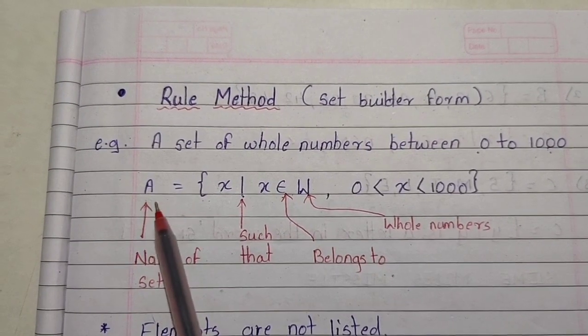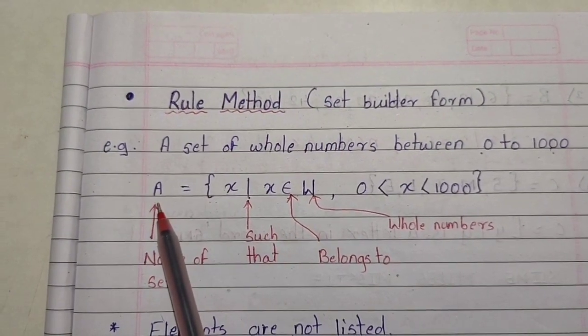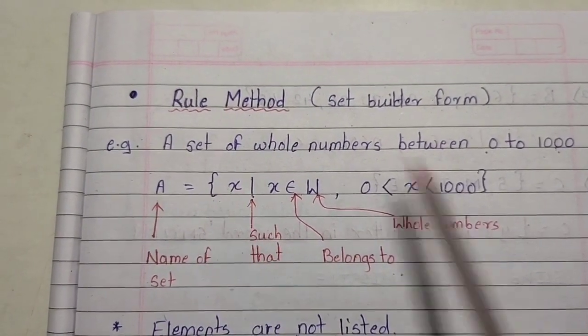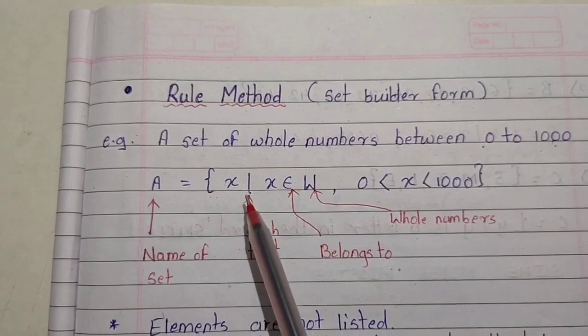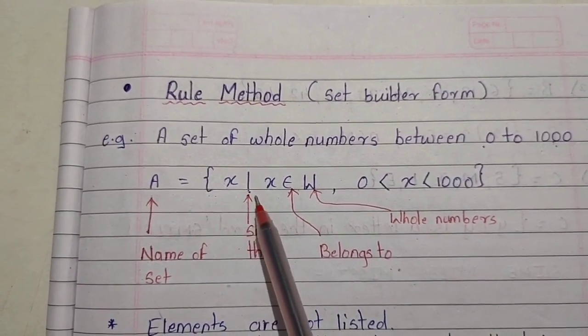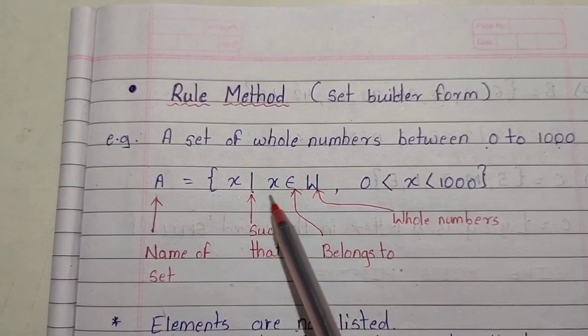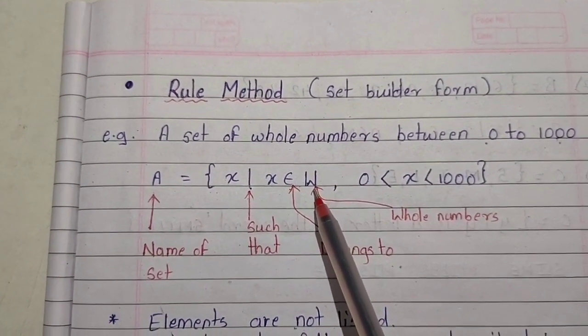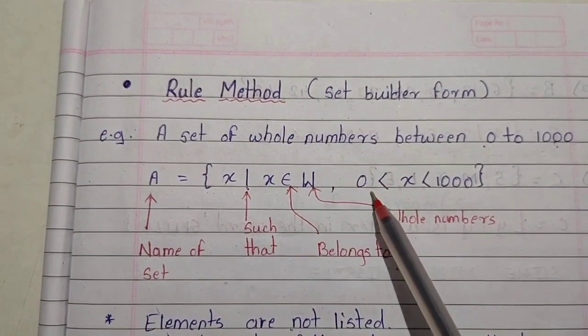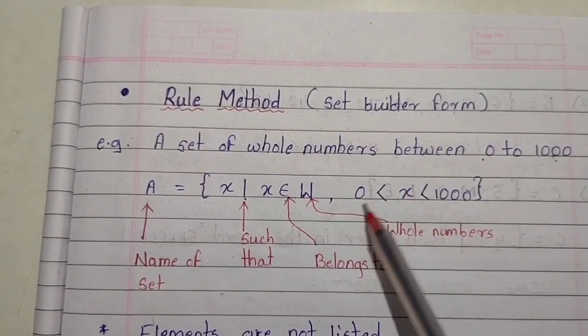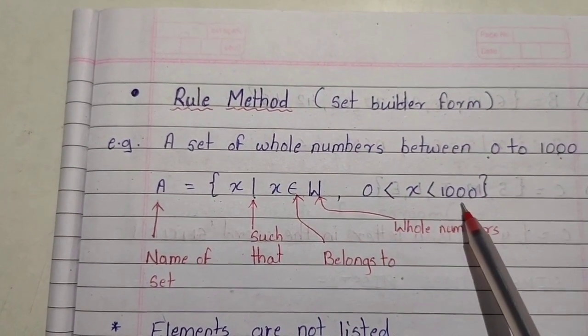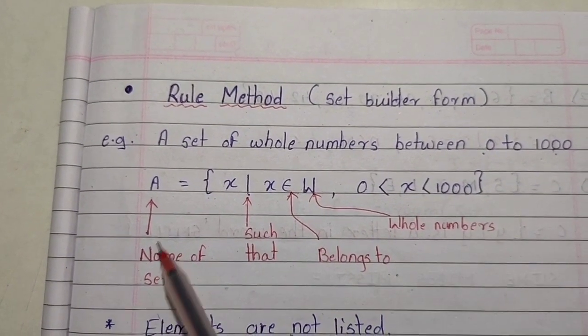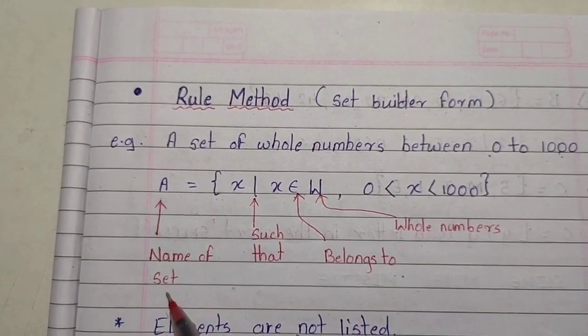I am reading it. A is a set of all x such that x belongs to whole numbers and x is between 0 to 1000. So here A denotes the name of the set.